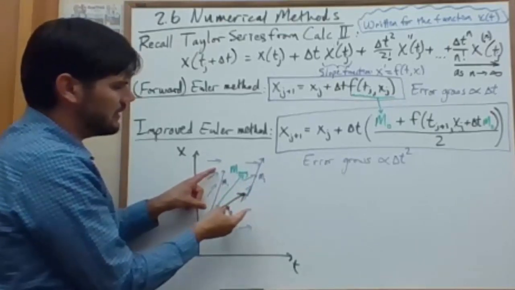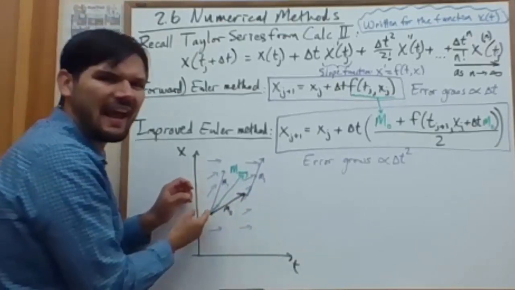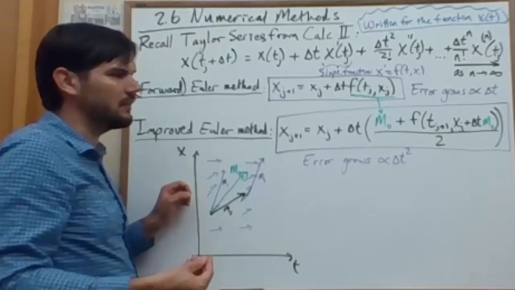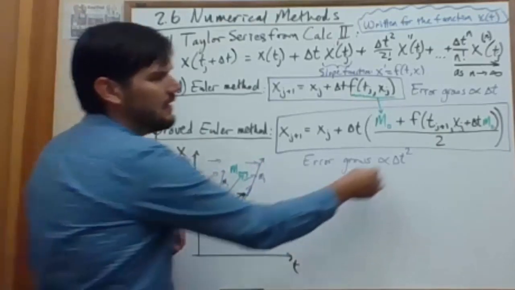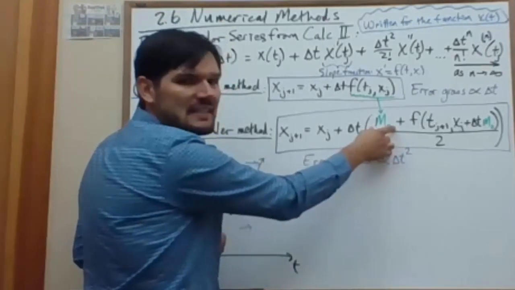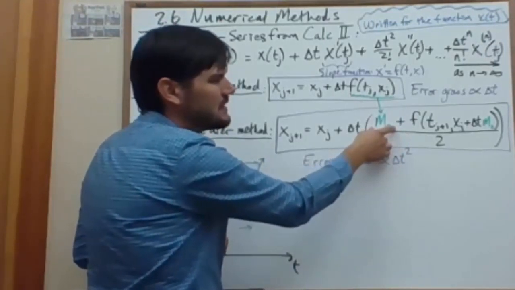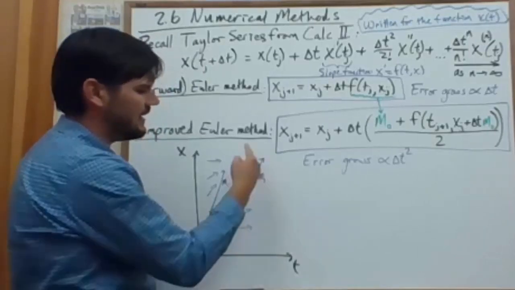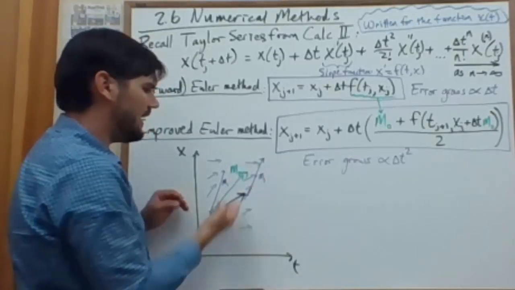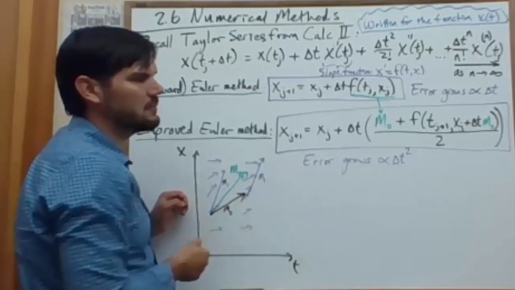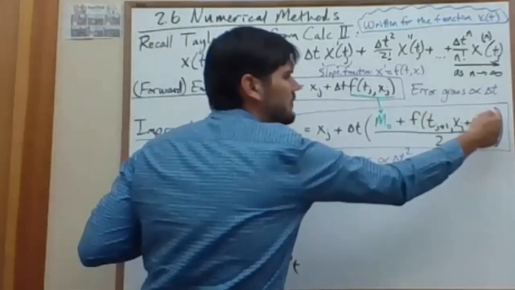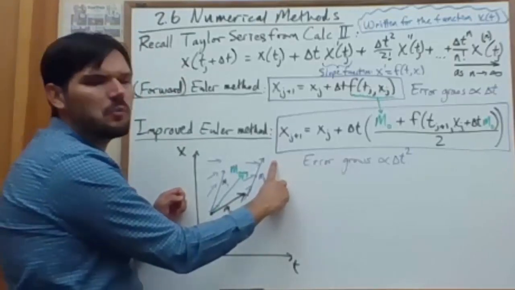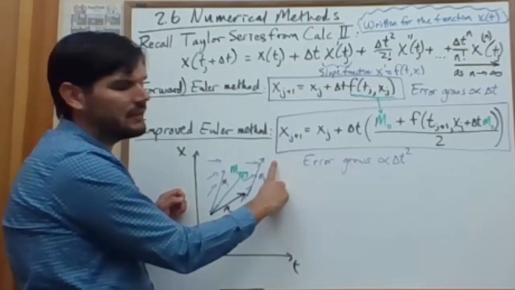Maybe one estimate underestimates, one overestimates. We find the average, the balance between the two. And that's the improved Euler method, where we take the average of the original estimate from Euler's method plus the slope function at the next time point with the next x value approximation. So this just describes how the M1 slope is calculated.